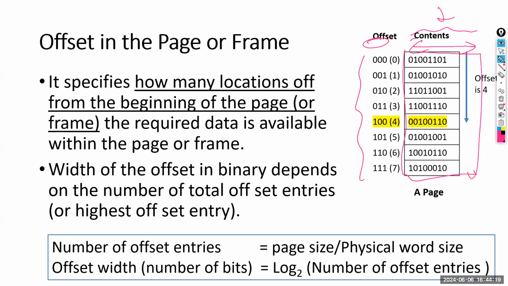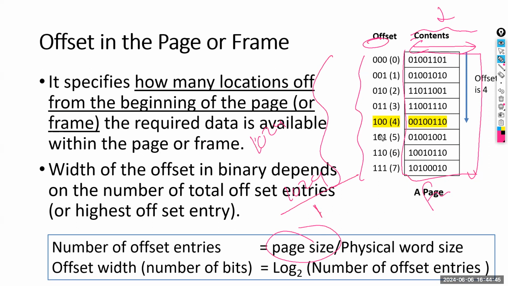So the number of offset entries in the page, or let's say frame: say the total page size is 1024 bytes, and each memory location takes 1 byte. Then 1024 divided by 1.